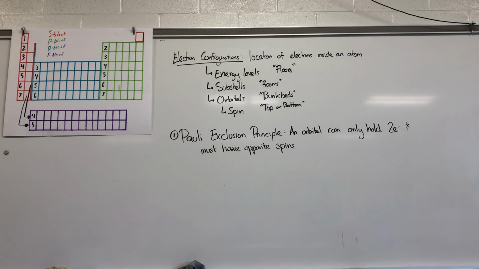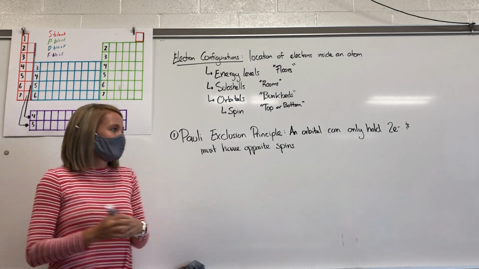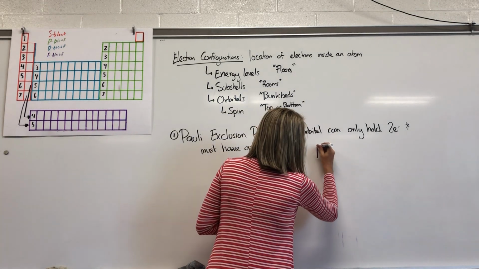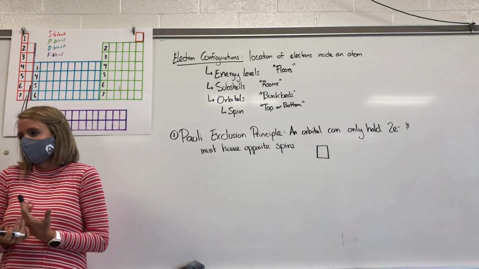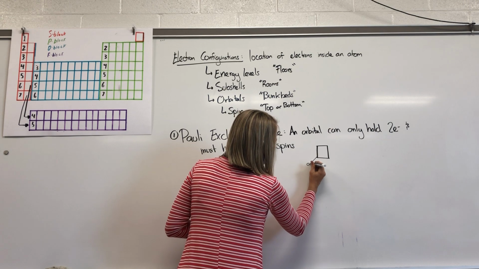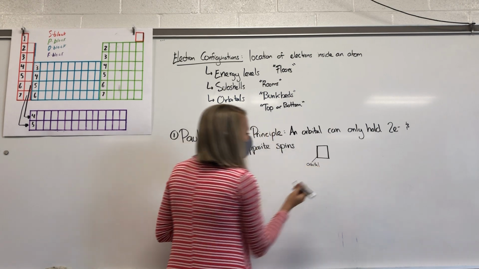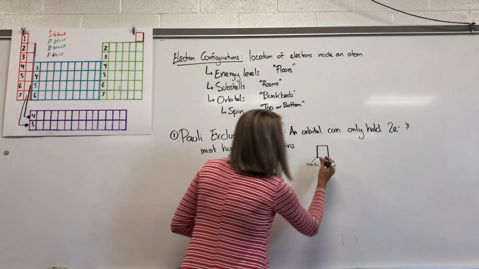Now, when we draw orbitals, chemists are very simple artists. So if you're not an artist, this is the right place for you, because we don't draw fancy things. To draw an orbital, we draw boxes. So an orbital is a box. Electrons, we draw as half arrows, like so.